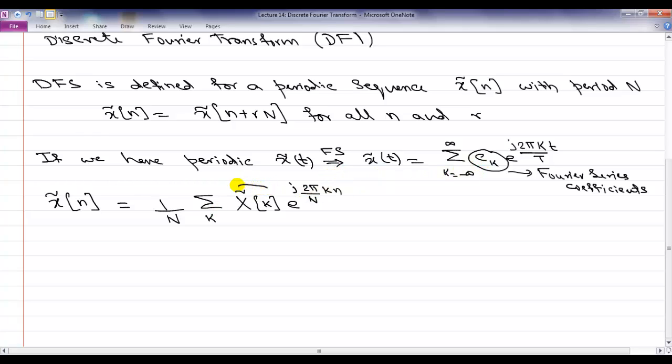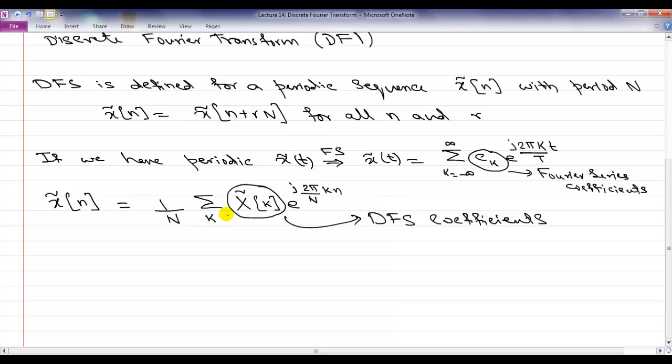These x tilde of k, we'll call them the discrete Fourier series coefficients. It's harmonics of e to the j 2 pi over n. And the n is the period here, capital T was the period, right? So it's exactly analogous to the continuous Fourier series that we have studied.